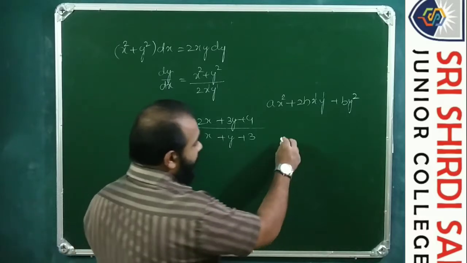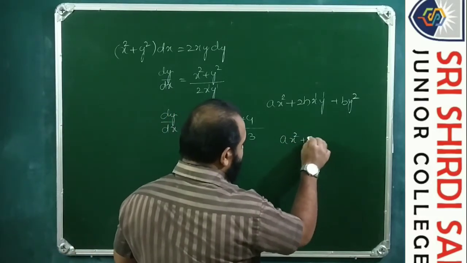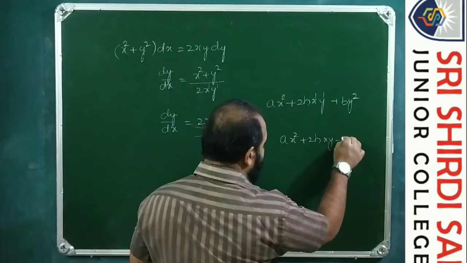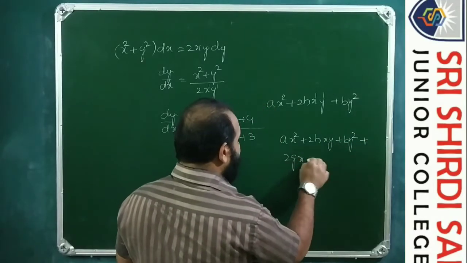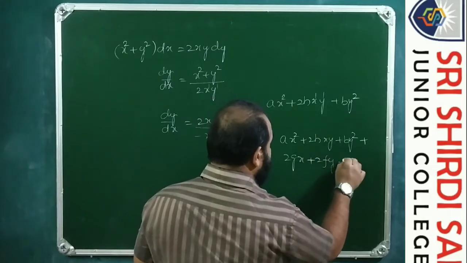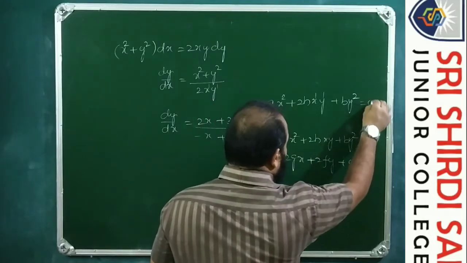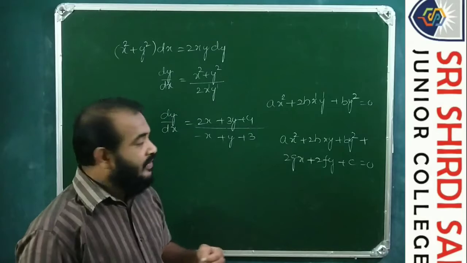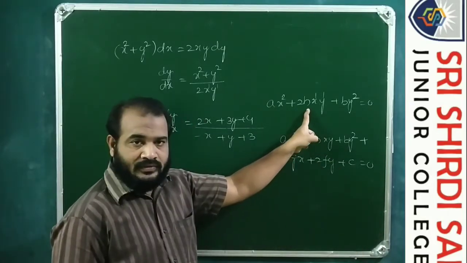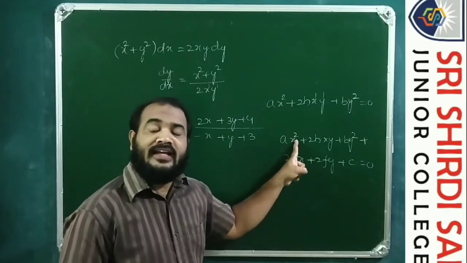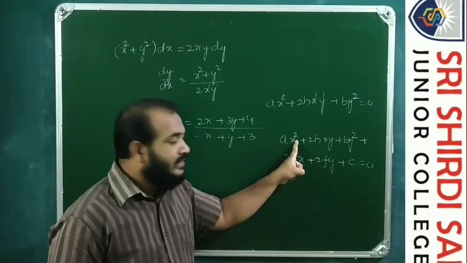In first year again, ax² + 2hxy + by² + 2gx + 2fy + c = 0 we got. So this is also a second degree equation, because 2 is the highest exponent.